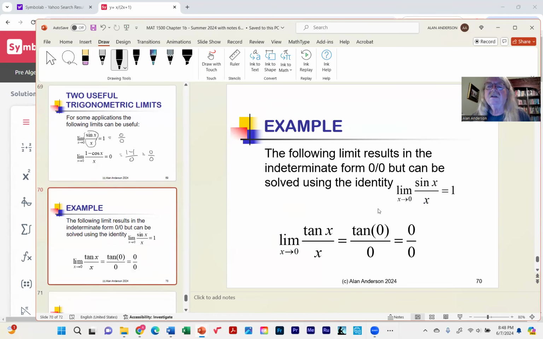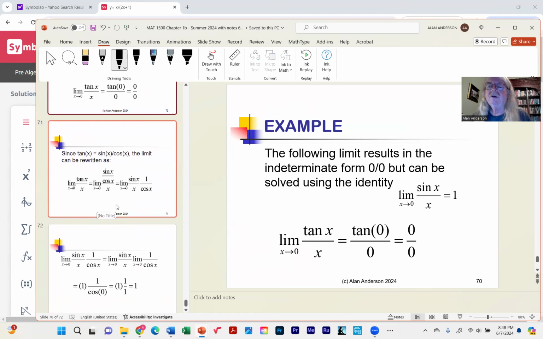So what this tells us then, let's say, for example, you have the limit as x goes to 0 of tangent x over x. Direct substitution would leave you with 0 over 0. But if you recall from our review, the tangent of x equals the sine of x over the cosine of x.